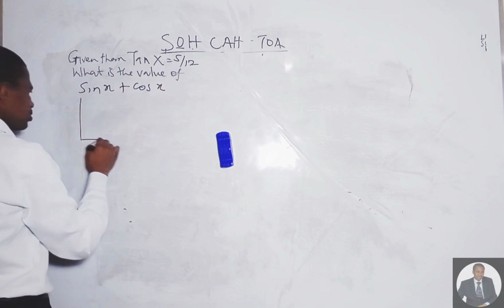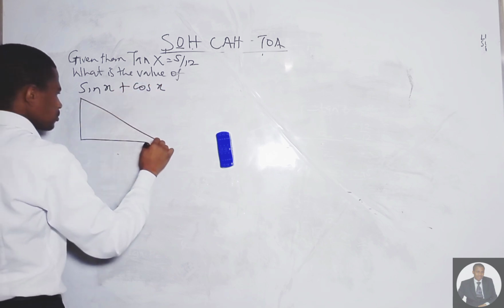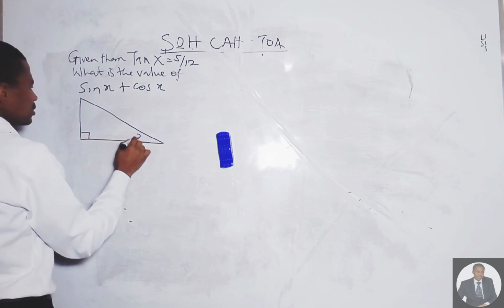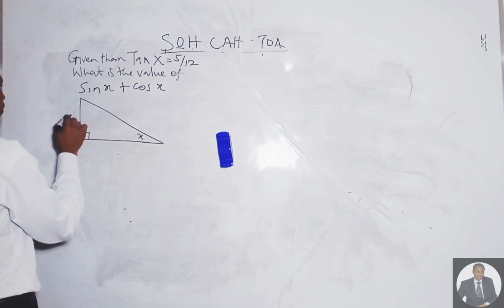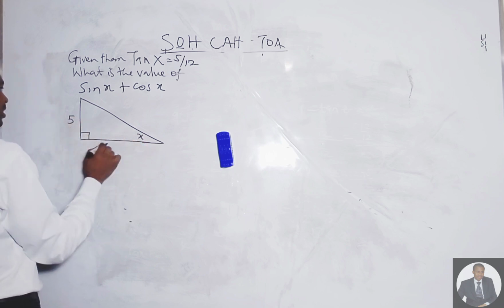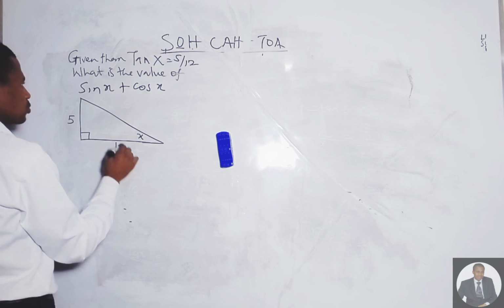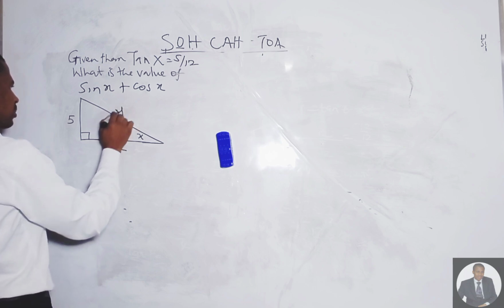So we draw the right angle triangle. Tan x is opposite 5 over adjacent 12. So we look for the hypotenuse. Let's say y is the hypotenuse.